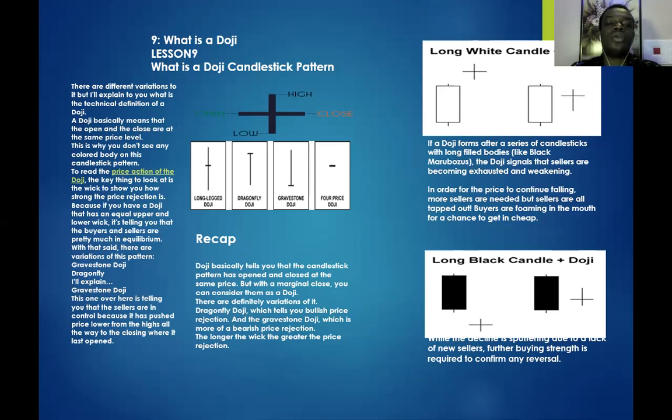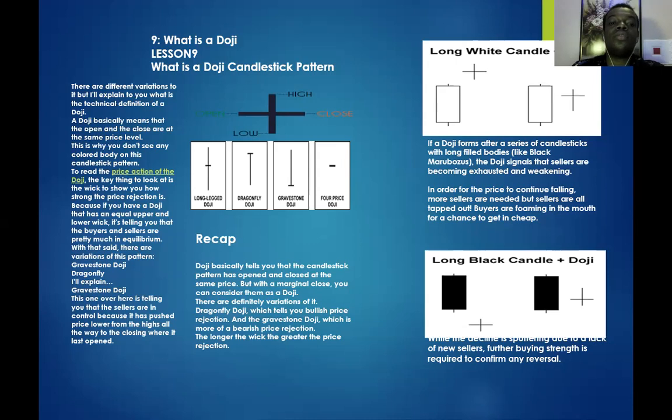So let's go on and define what doji is all about. Doji itself has different types, but they are all doing the same thing. Whenever you see those different shapes, it only tells you that there is indecision in the market. I will explain the technical definition of doji.